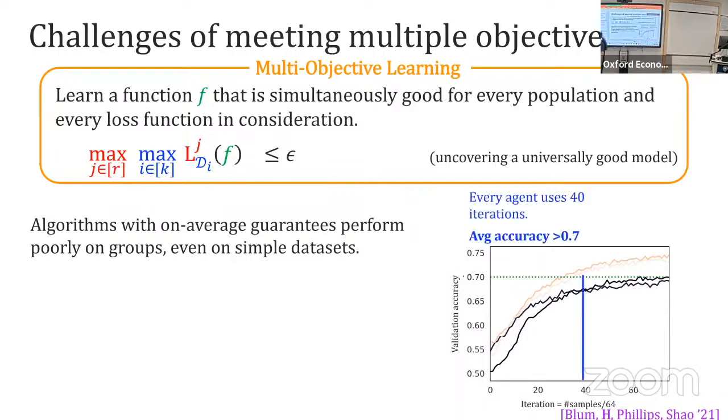So what happens is that, let's say, for example, this is a typical data set, in fact, a good one, where the groups aren't that far different from each other. And each of these lines is one loss for one group of people. What you see is that for the type of on-average guarantee, let's say you want accuracy that's more than 70% on average, you need actually very little optimization or number of iterations of optimization over your data sets that are being collected.